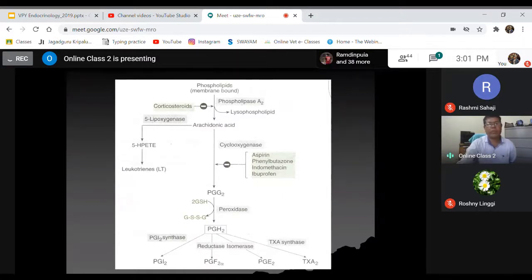Once this PGH2 is formed, it leads to the production of other compounds, that is PGI2, PGF2 alpha, PGE2, TXA2, etc. The different enzyme systems present in the system act upon the PGH2 to form these products. So this is how the prostaglandins and the related compounds are synthesized in the body in human beings.